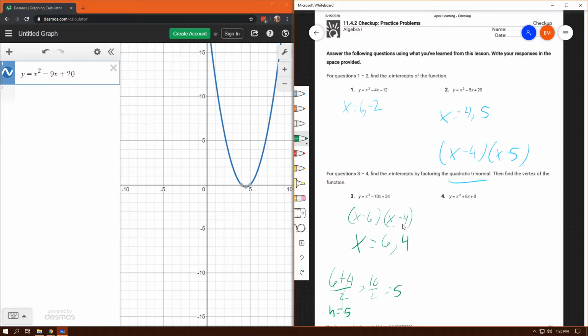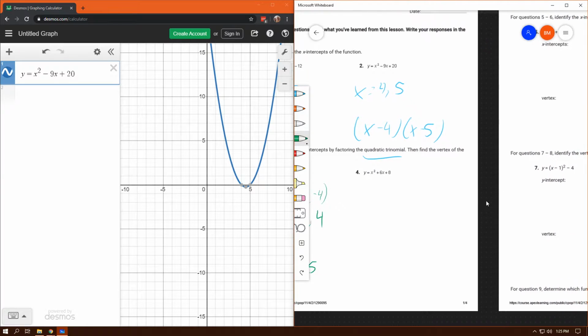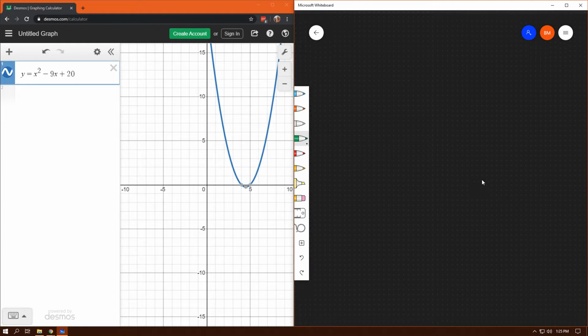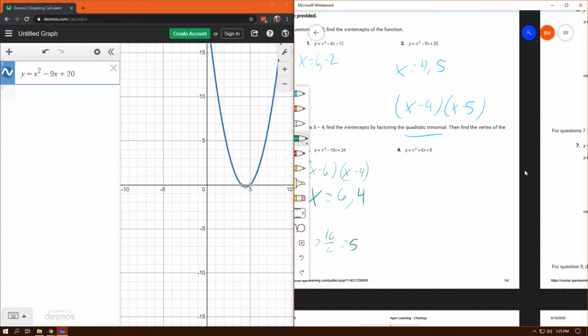And then how do I solve for my y, the y coordinate of the vertex? I apologize, I'm stuttering here because I'm messing around. Because I'm not going to do question 4, what I'm going to do is take my original equation, y equals x squared minus 10x plus 24, and plug 5 in there.